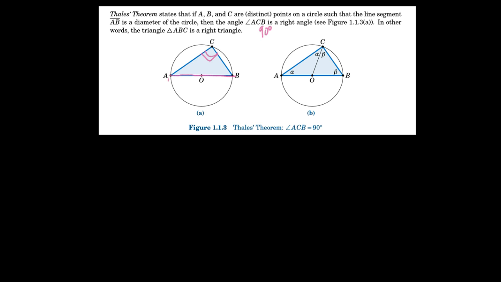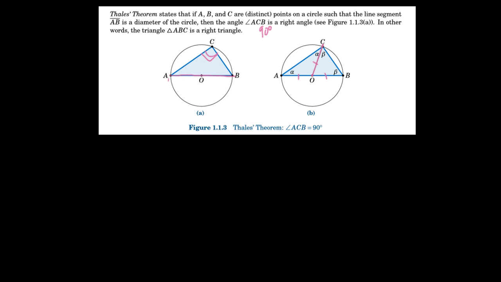Okay, the proof goes something like this, where they basically say, draw a radius from O to C. So this is a radius, and if you recall, a radius is the distance from the center to the outside of the circle. So these are equal sides, and so are these.